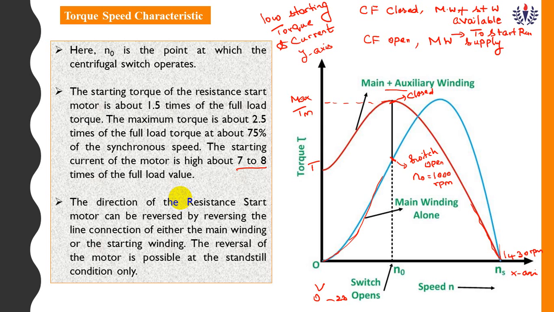The direction of the motor can be reversed by reversing the line connections of either the main winding or the starting winding. Reversal of the motor is also possible at standstill conditions. Standstill means the not running condition, when the supply is on but the motor is not running.